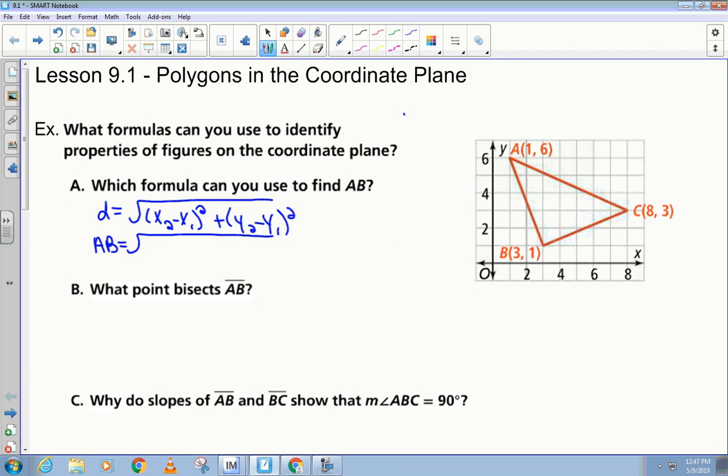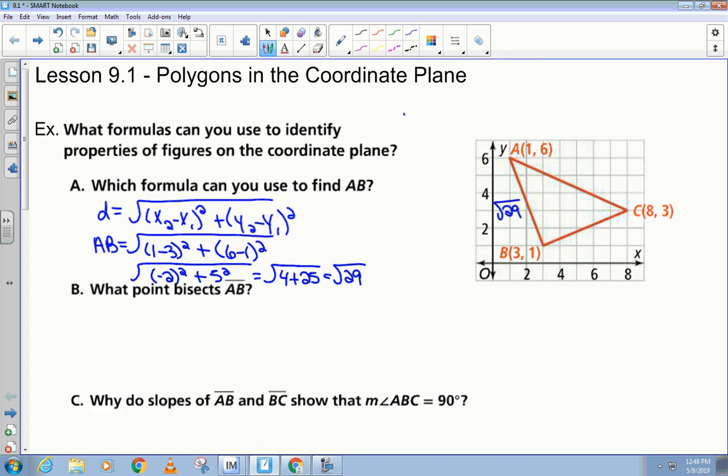So AB would be 1 minus 3 quantity squared plus, subtract your y, 6 minus 1 quantity squared. That ends up being negative 2 squared plus 5 squared. Negative 2 squared is a positive 4 plus 5 squared, which is 25. That would be 29. Okay, so the length of AB is radical 29. We use the distance formula to figure that out.